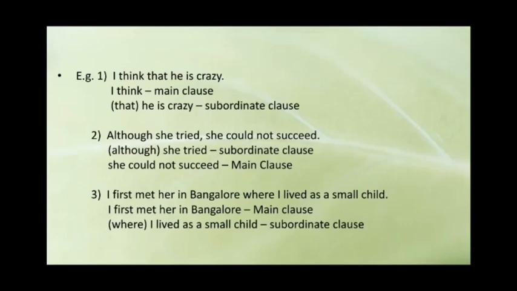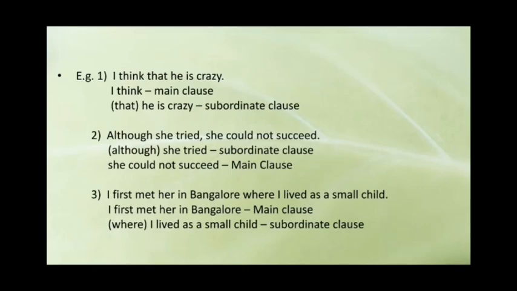When you read, you can see there's a pause after I think. So I think is the first half. That he is crazy is the second part. Now we need to see which one is the main clause and which one is the subordinate clause. In order to find it, you need to see which part of the sentence can stand on its own and which part depends on the other part.